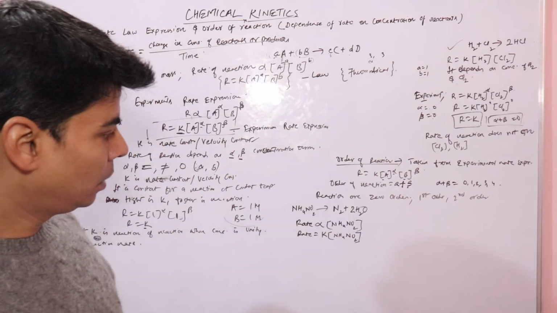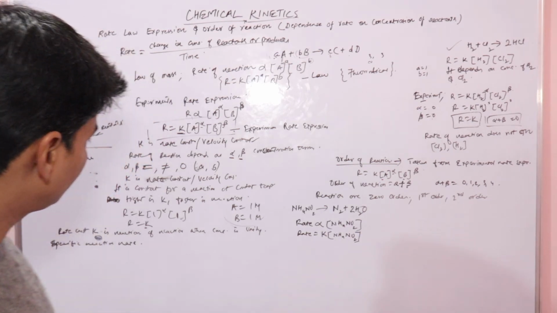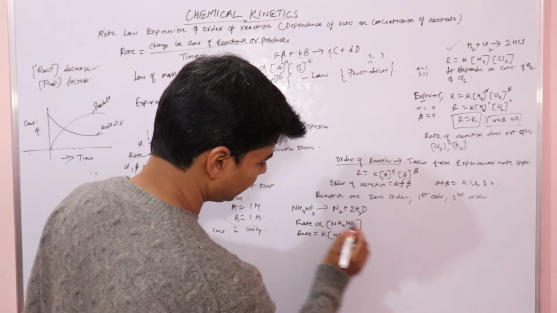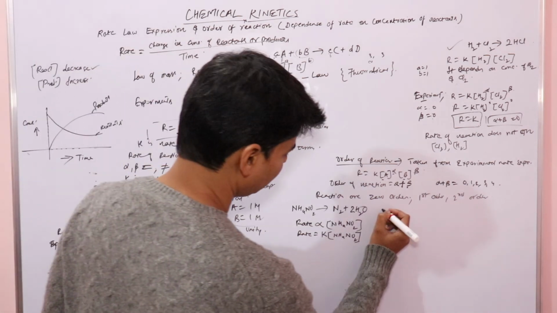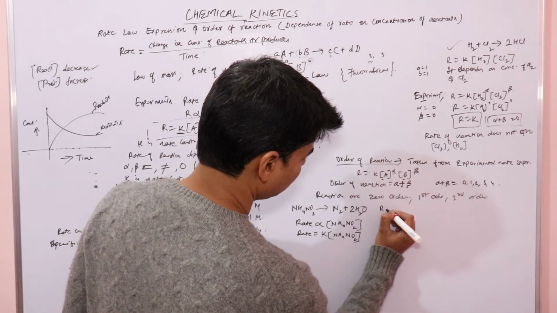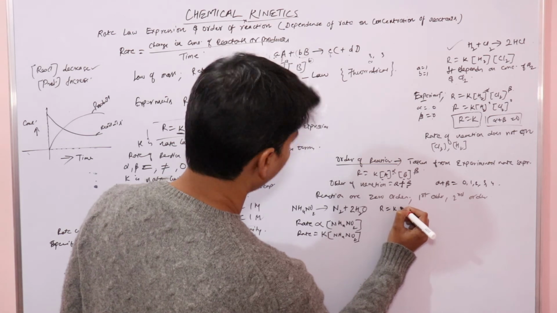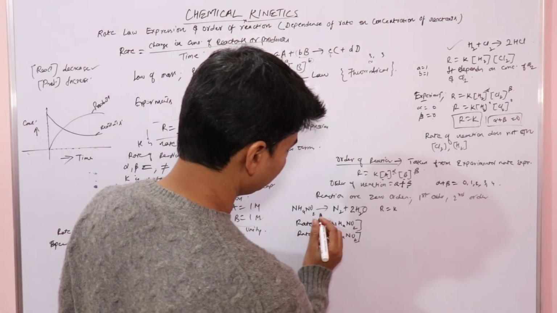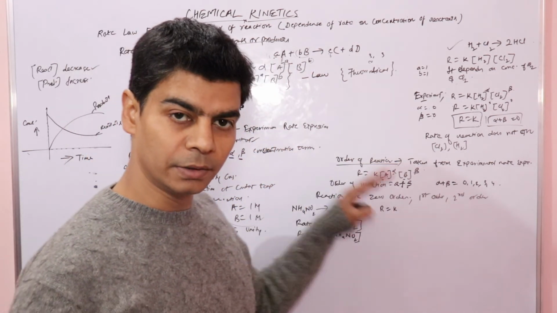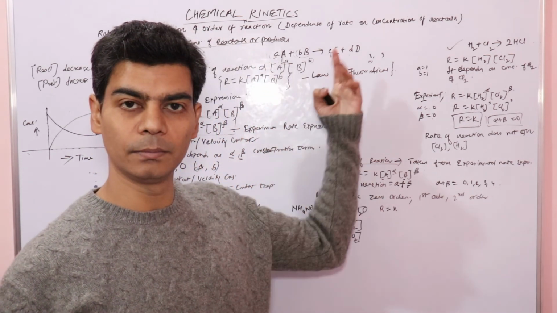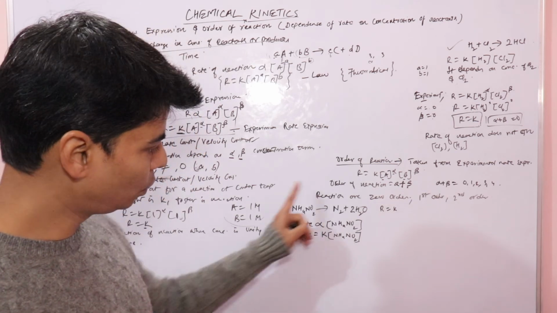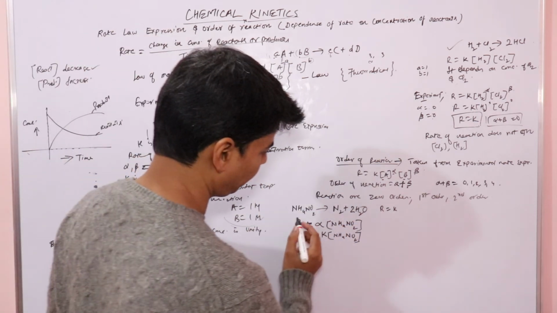And here, if I write the rate expression based on law of mass action, what would it be? It would be rate is equals to K. To write the rate expression based on law of mass action, I just have to look at the balanced chemical equation.